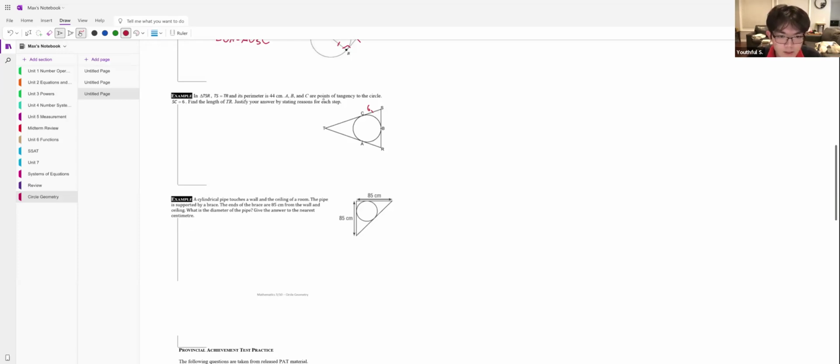Since A, B, and C are points of tangency, these two lengths are the same since they meet at the same point. So this is also equal to 6. Since it's an isosceles triangle, TS and TR are the same, and B is the halfway point of SR, so this is also going to be 6.